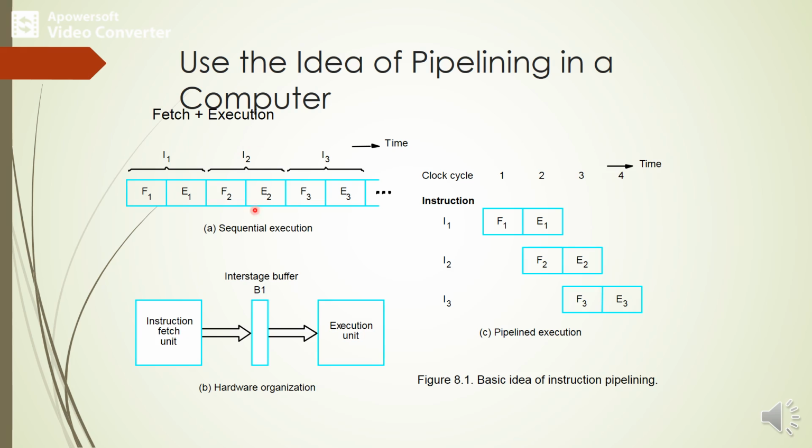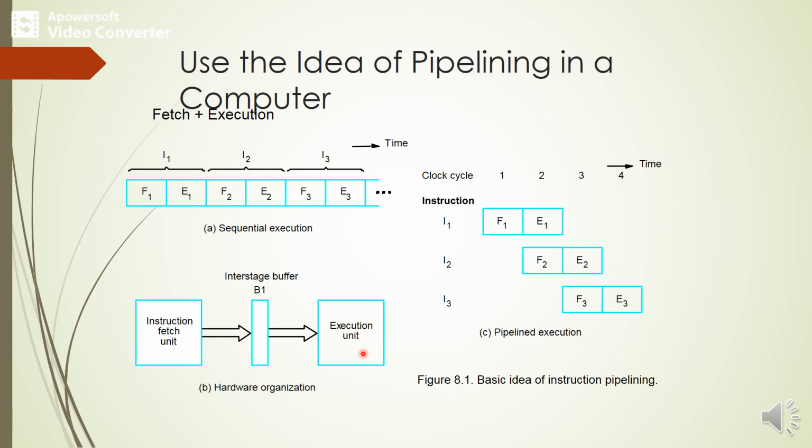Now consider a computer system which has two separate hardware units, one for fetching the instruction and another for executing the instruction. So we considered one hardware organization which has two separate hardware units.